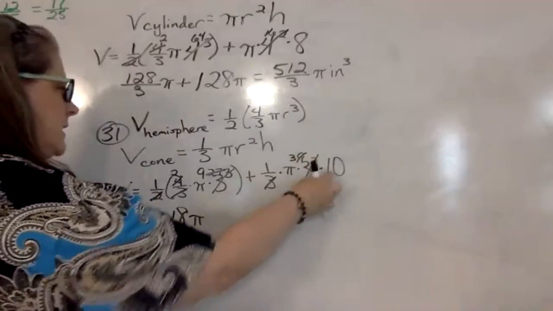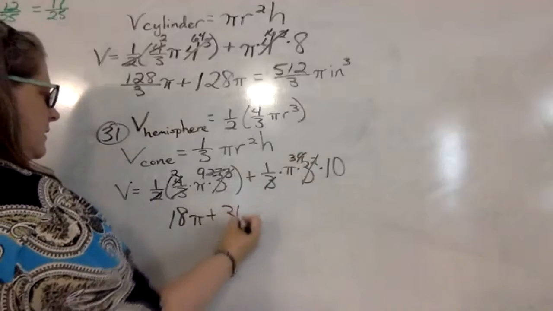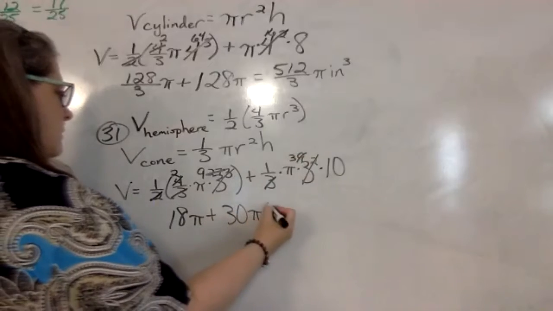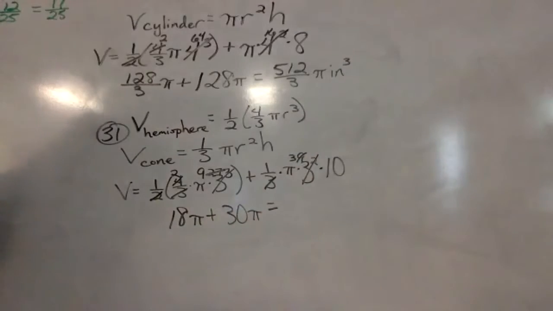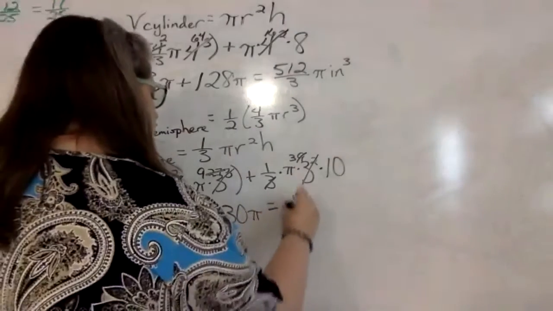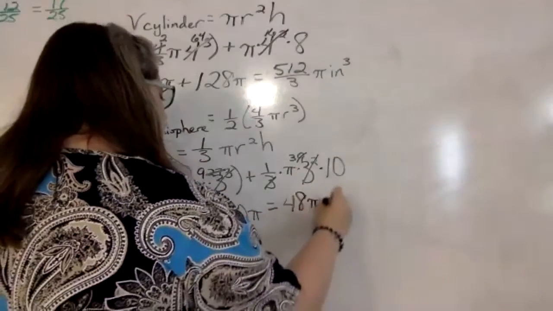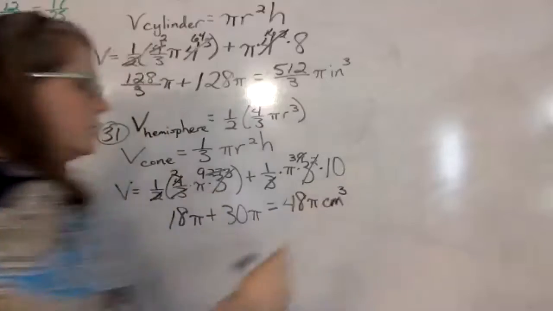So I have 1 times 3 times 10. So I have 30 pi for the cone. We add those together. So my volume for the whole thing, 48 pi centimeters cubed.